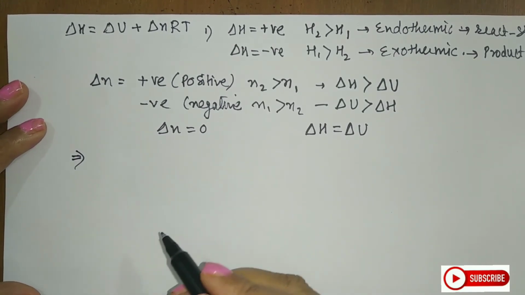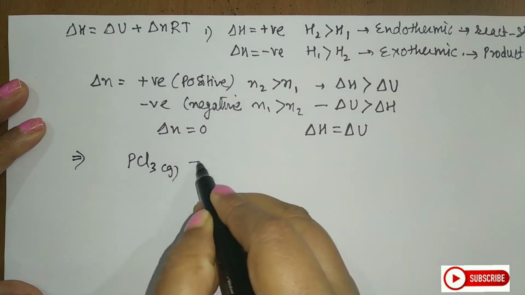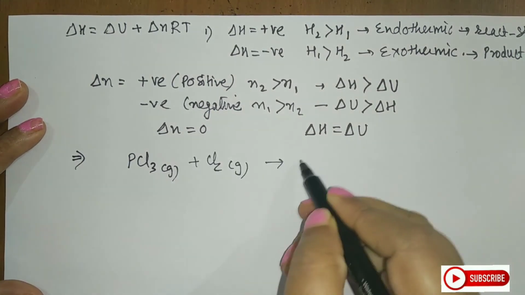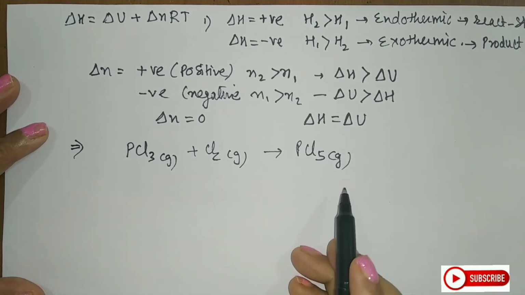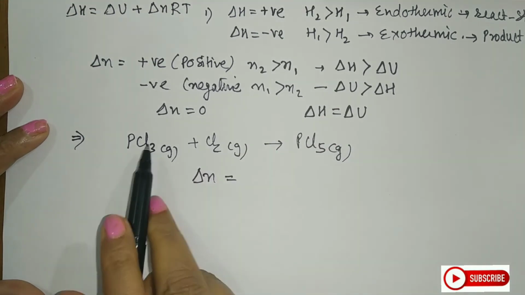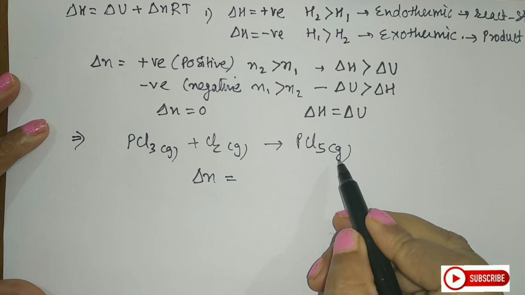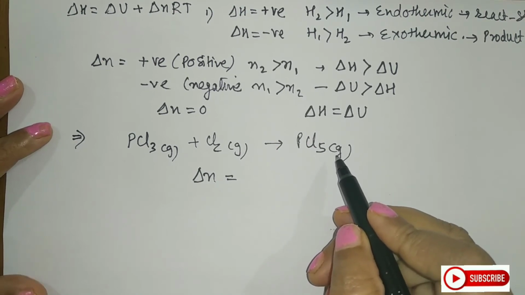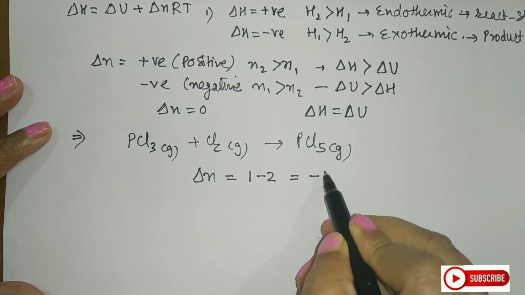I am taking the formation of PCl5. PCl3 gas plus Cl2 gas gives you PCl5 gaseous. Now students, here I have to calculate the delta N value. On the reactant side I have 1 plus 1, that is 2, and on the product side I have 1. So your delta N value will be 1 minus 2, that is minus 1.